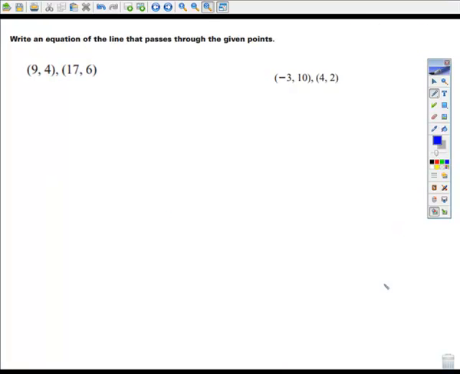Okay, write an equation of a line that passes through the given points. So I have to come up with the slope, and they were not nice enough this time to give me a picture. But I can figure out the slope. I will go 4 minus 6 over 9 minus 17. That gives me a negative 2 over negative 8, which is positive 1/4.